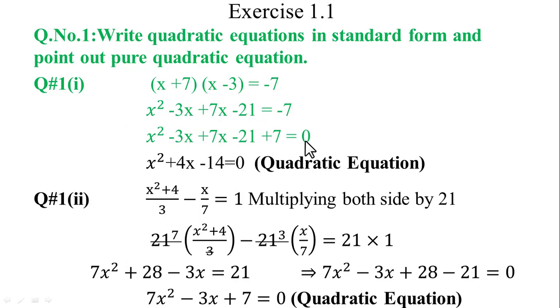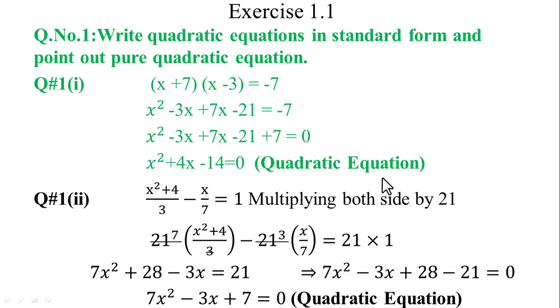Now we solve it: x square plus 4x minus 14 is equal to 0, because minus 3x plus 7x gives plus 4x, and minus 21 plus 7 gives minus 14. This is called a quadratic equation or general quadratic equation, also called a second degree equation.